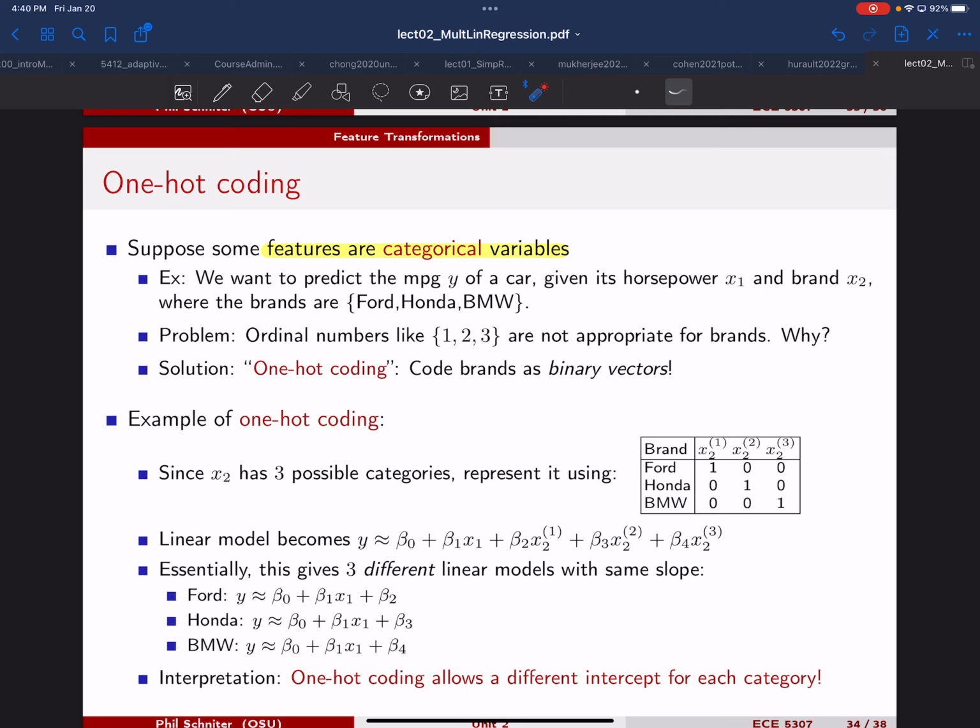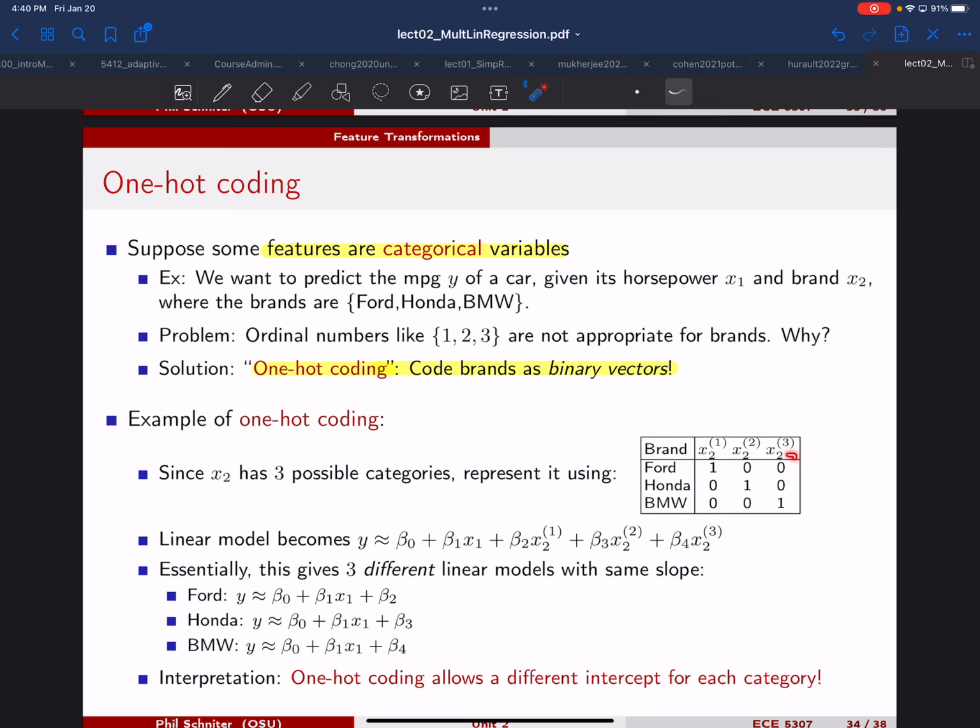The approach we're going to use is called one-hot coding, and essentially what we do is we code these quantities as binary vectors. Here's an example. For X2, I'm going to notationally expand that into X2 sup 1, X2 sup 2, and X2 sup 3. It's just trying to say these are all related to the X2 variable, but they're actually now 3 different new variables.